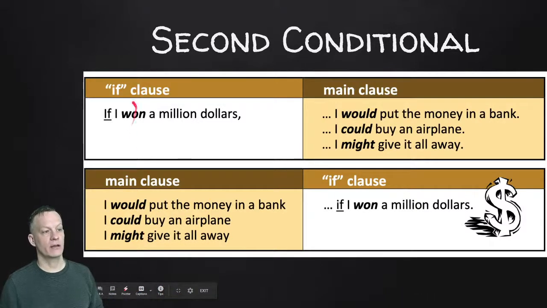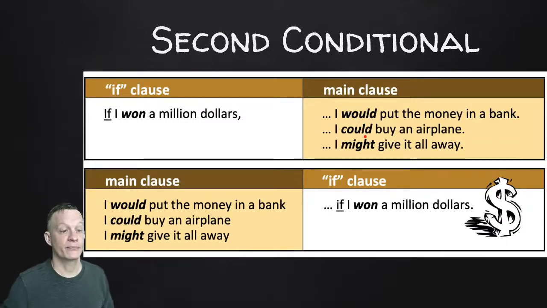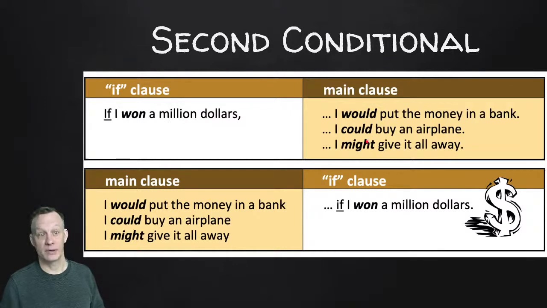We make it with the past simple, and then would, or you can use another modal verb like could or might or may to talk about possibility or probability. You can switch those, not a problem. This is to talk about unreal, hypothetical situations in the present.